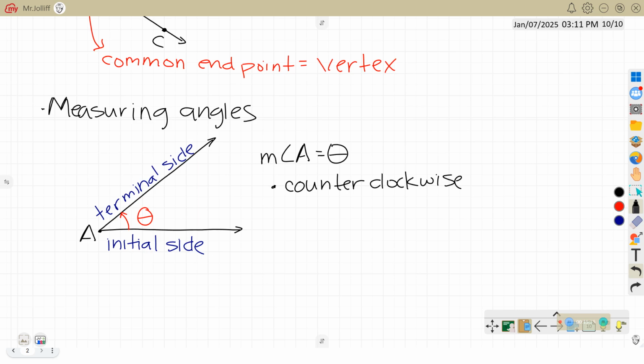That is a horribly long English word. I don't ever want to have to write it again. So you will often see mathematicians and physicists write CCW for counterclockwise.